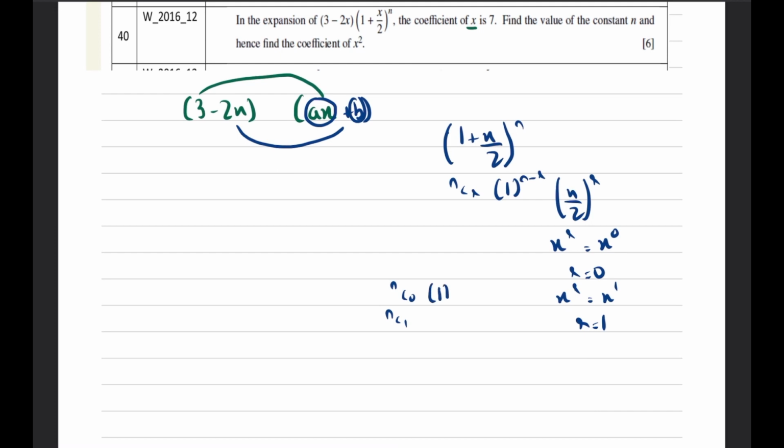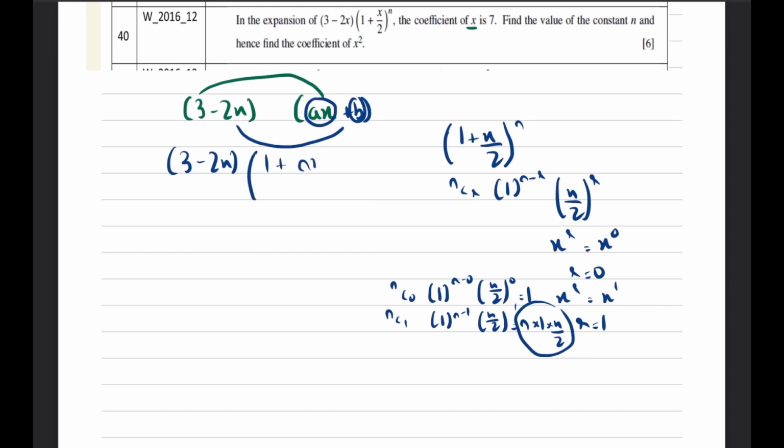What's the first term? 1 power n minus 0, 1 power n minus 1, (x upon 2) power 0, (x upon 2) power 1. Do you get this? So, nC0 आपका क्या होता है बच्चे? 1. 1 raised to anything is 1 and anything raised to power 0 is 1. nC1 आपका होता है बच्चे n into 1 into x upon 2. So that's nx upon 2. So (3 minus 2x) is multiplied by बच्चे what?